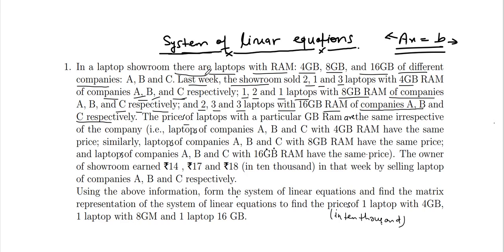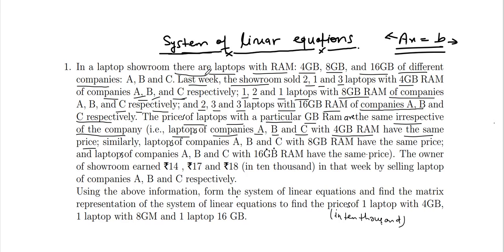The prices of laptops with a particular GB RAM are the same irrespective of the company. What it means is that laptops of companies A, B, and C with 4 GB RAM have the same price.